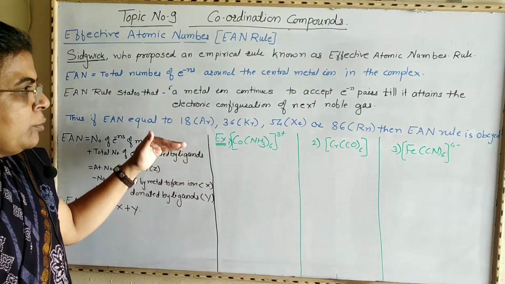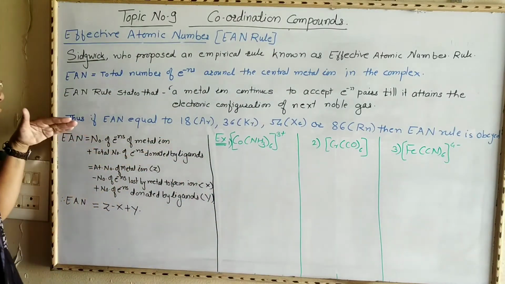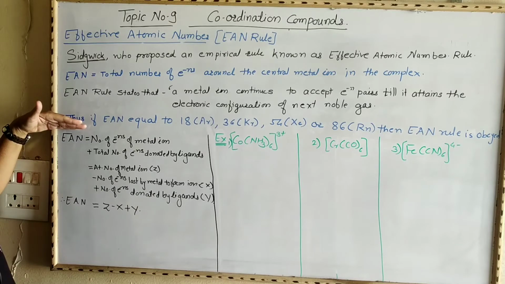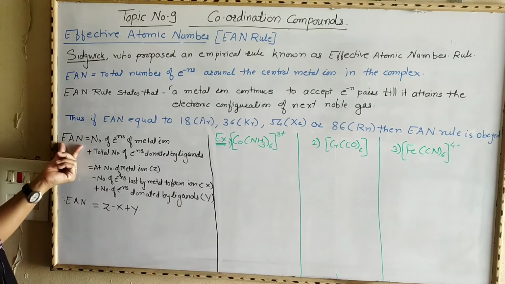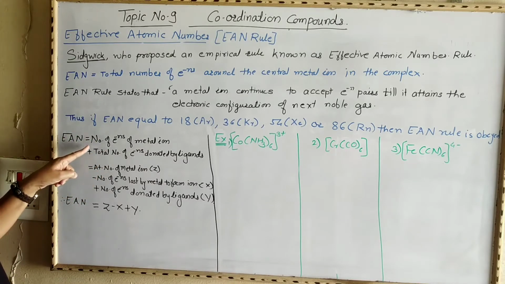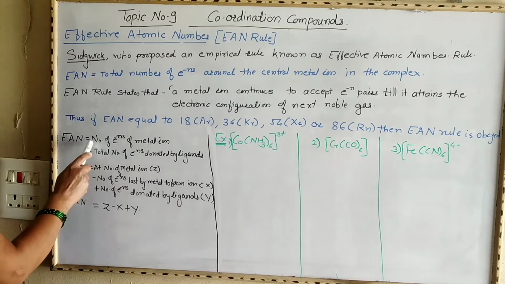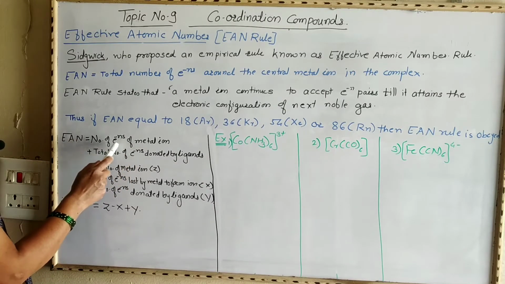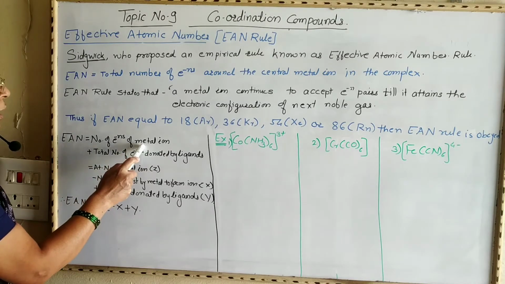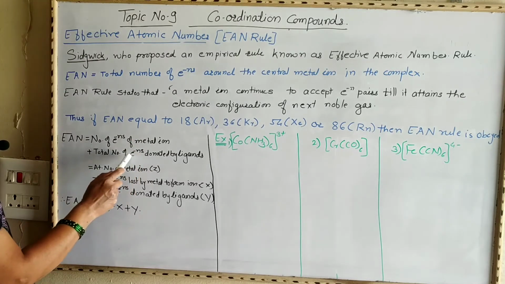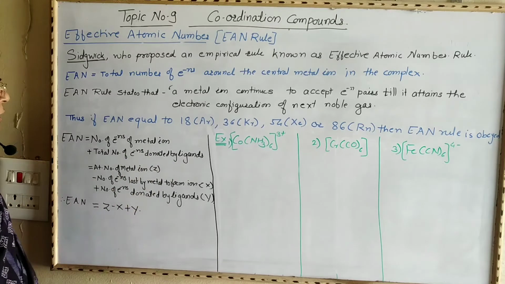Now we are going to see the formula of EAN value. The EAN value can be calculated by using this formula. EAN is equal to the number of electrons of the metal ion, that is the total number of electrons present in the metal ion, plus the total number of electrons donated by the ligands.